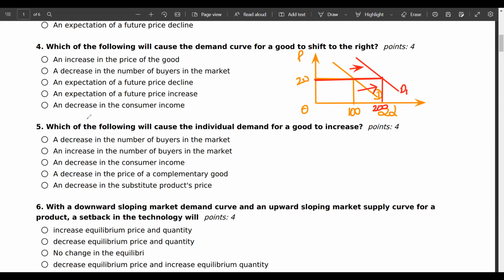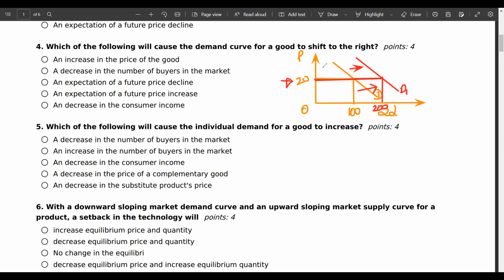So you have to pick the answer, the reason for this increase in demand. As you can see, the price is still the same. Any answer that talks about the present price of the product going up or coming down is out. So the first answer talks about an increase in the price of the goods. No, an increase in the price of the goods would have caused a decrease in quantity demanded, a contraction in demand.